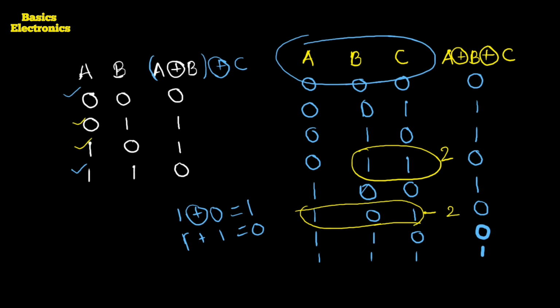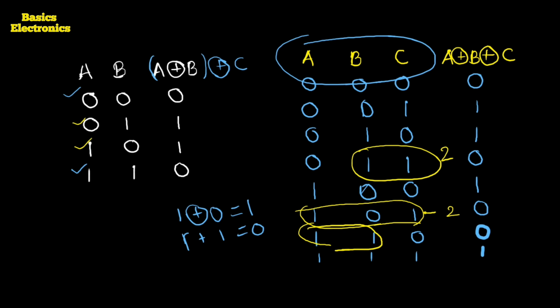Now the next entry after the previous one, here both the inputs are 1 1, so therefore we get the output equal to 0. Then the last entry, we can say the output is 1.